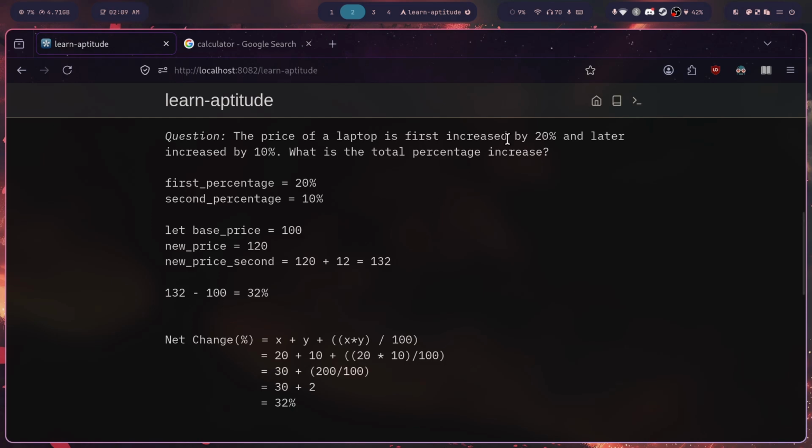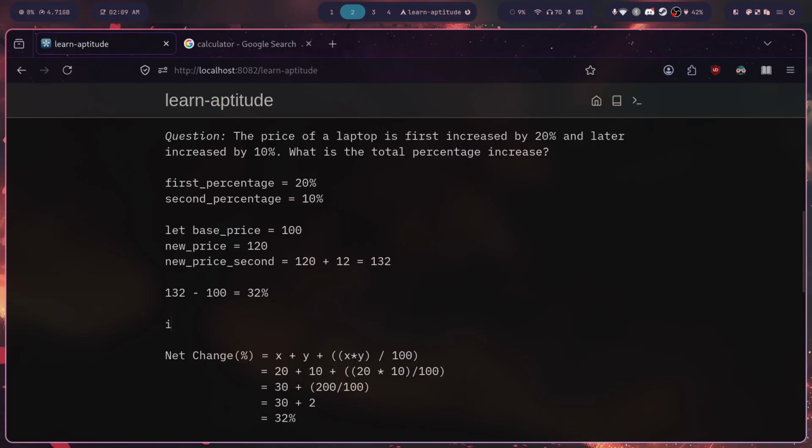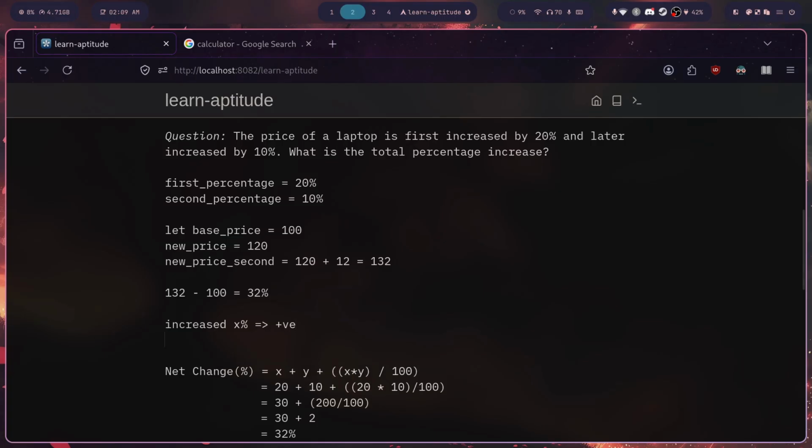If I specify increased x percent, then it will always be positive, or if I say decreased x percent, then it will be negative. Those signs you have to take care of, and based on that you will get the result.